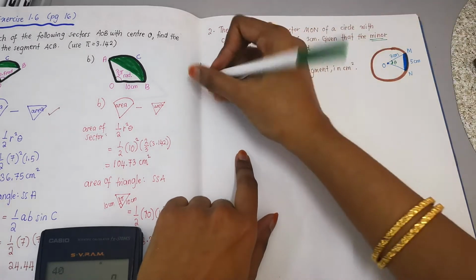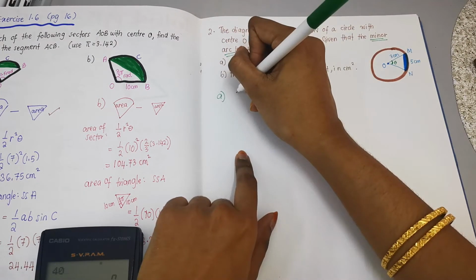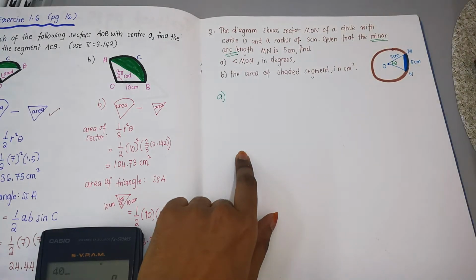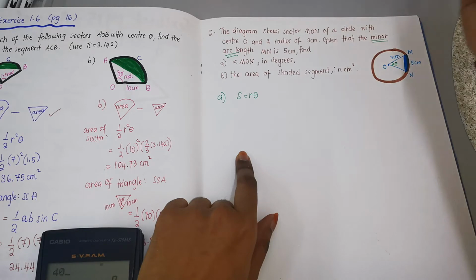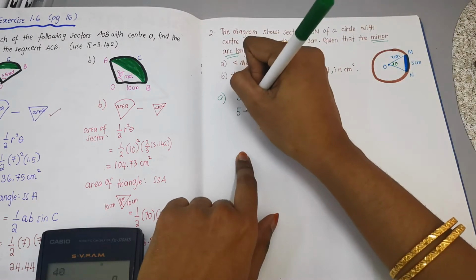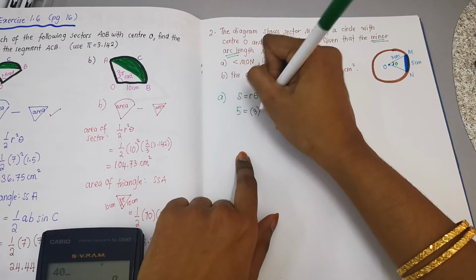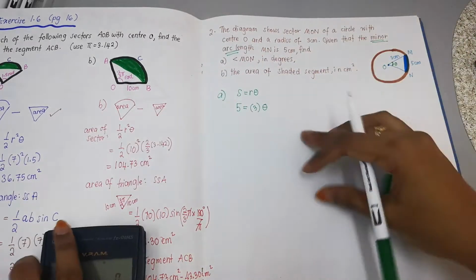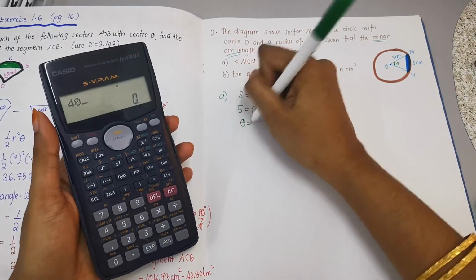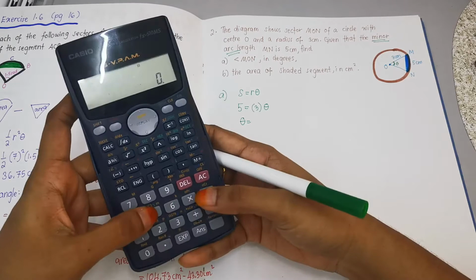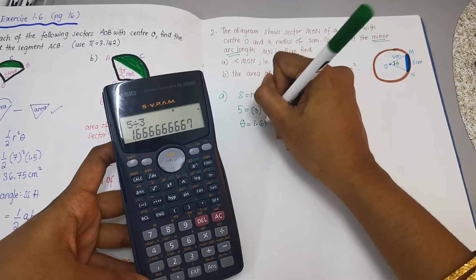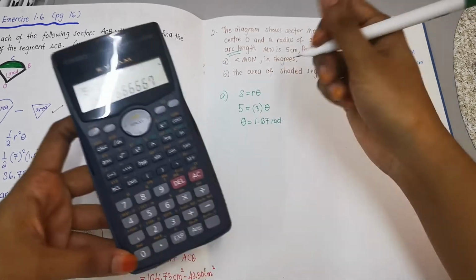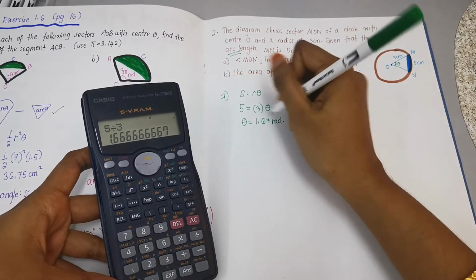Since we have the arc length, we use the arc length formula. The arc length is 5, the radius is 3, and the theta we need to find. If you solve this way, you will get it in radian. So 5 divide 3, which is 1.67 rad.